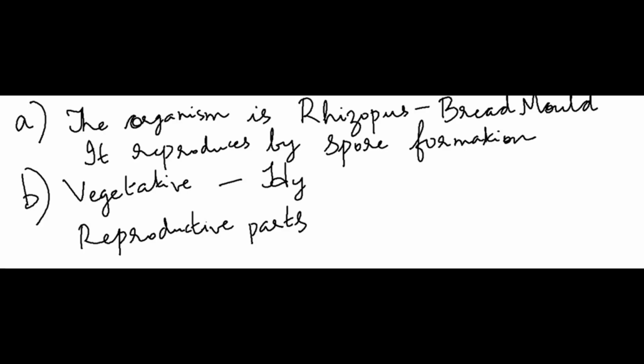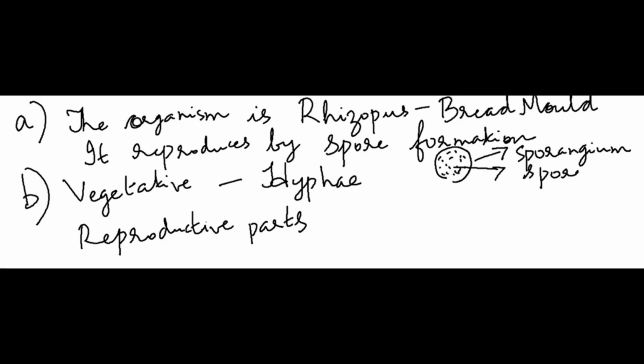The vegetative part is called hyphae. The group of hyphae is called mycelium. These are the spores, and spores are found inside the sporangium. And the sporangium will have spores.